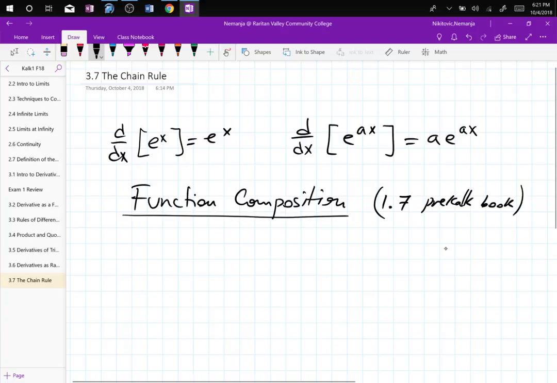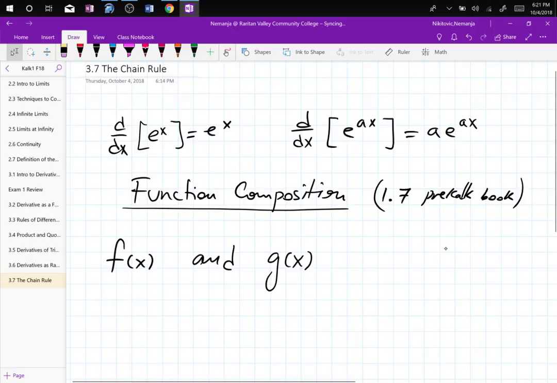So how do we do this mathematically? Well, I have a function f of x which does something, and I have a function g of x which does something else. So now I can create function composition.